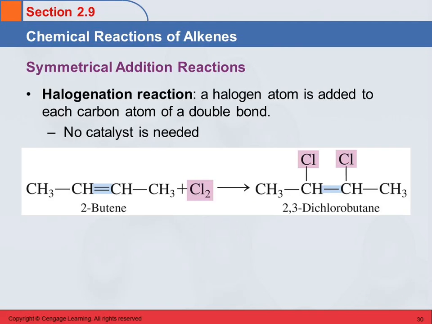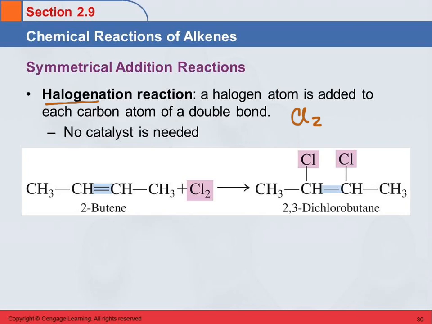A halogenation reaction is also a symmetrical addition reaction. And here we're adding a halogen. Okay, halogens, if you remember, are diatomic elements. So chlorine, bromine, and iodine are the common ones we see in organic chemistry. It's Cl2.